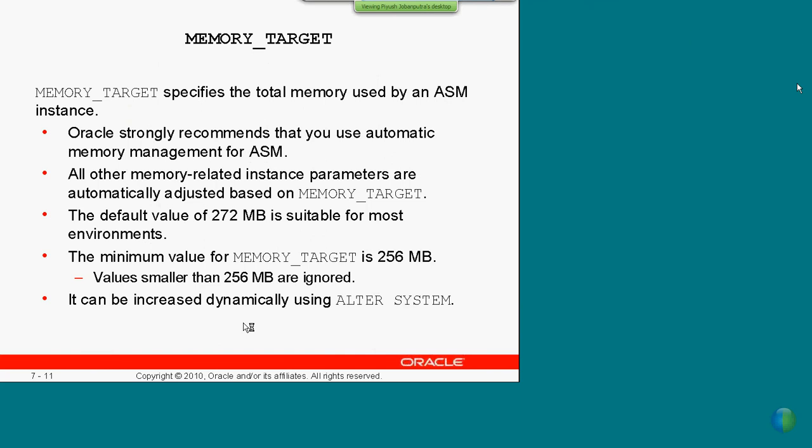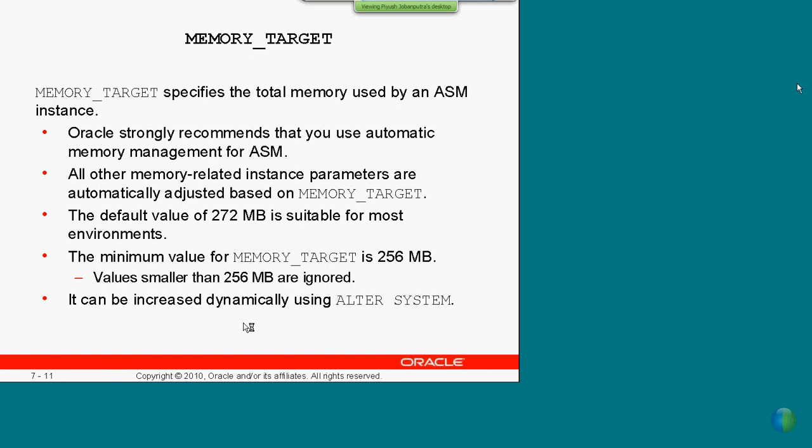Memory target. We talked about it in the last session: memory target gives the total memory used by ASM. By default it takes 275 MB, and it's suitable for most environments unless your ASM is very large. This parameter can be adjusted automatically.